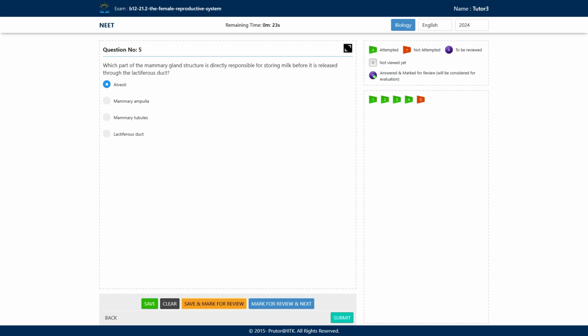So what are these lactiferous ducts? These lactiferous ducts are present within the female breast and transport the milk from the mammary glands to the nipples. So the newborn sucks the nipples. And the milk is already present in the lactiferous duct.